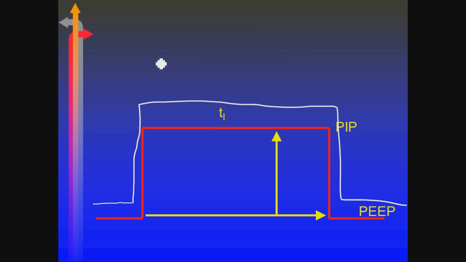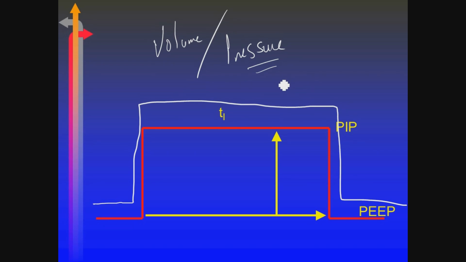When we have a volume-based breath, or really a pressure-based breath, we're setting the pressure above baseline. So as I increase this from 0 to 5, this has to go from 20 to 25. You don't set these two things separately.